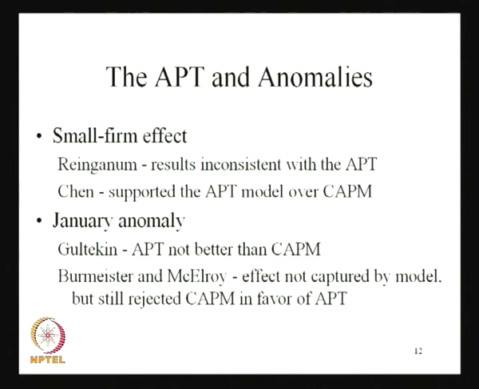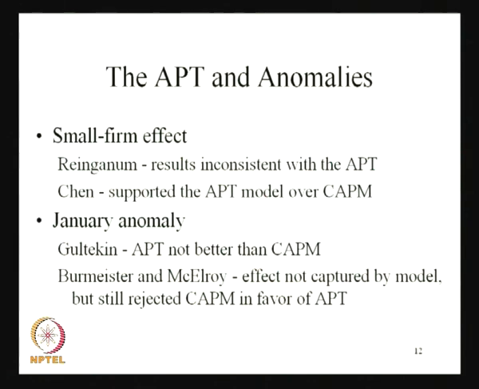Some people said that, as I already told you, there are some factors which have not been taken into account in the arbitrage pricing theory. Out of them is firm specific factors. Somebody said that the size of the company will have a significant role in the determination of the expected return of a stock.